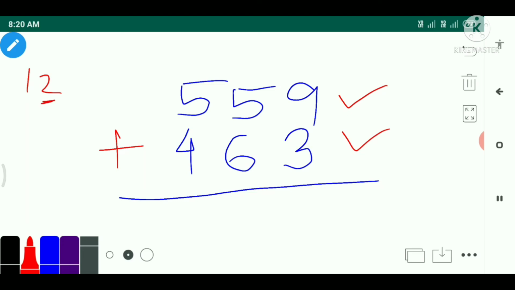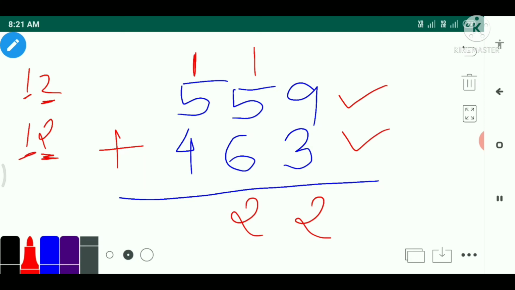So we'll write 2 here, and this one will give it here, right? Now 1 plus 5, it will be how much? 6. 6 plus 6, it will be 12, right? Again 12. So again we'll write 2 here and this one here.